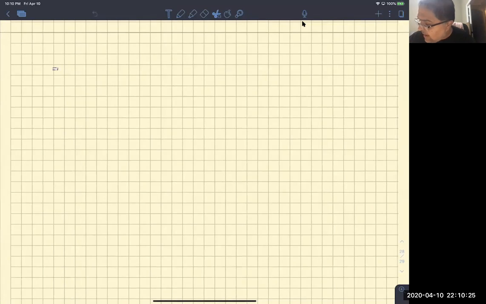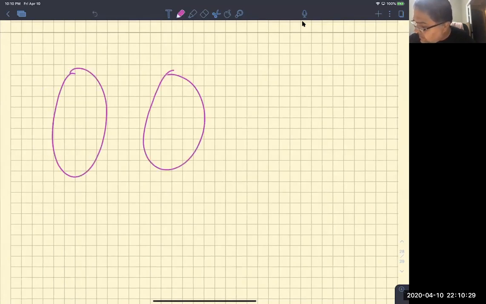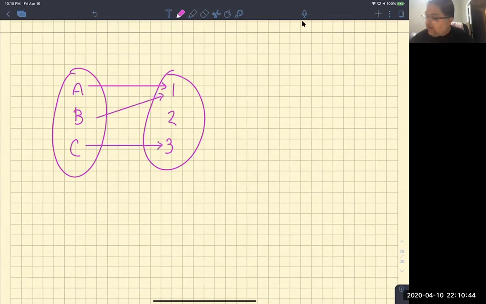So let's take a mapping of a function. Now, this is a function because every input has an output. Not all outputs are achieved.